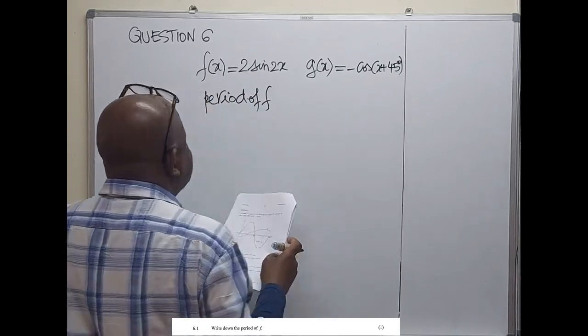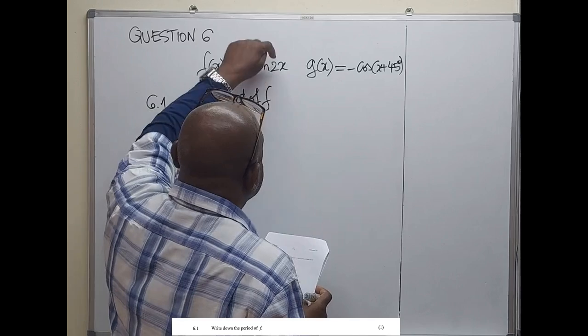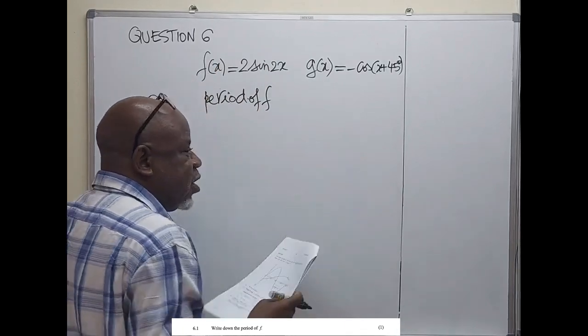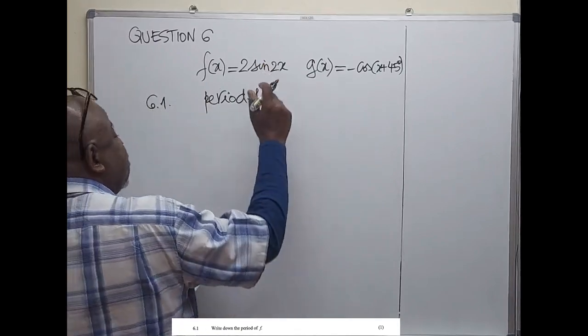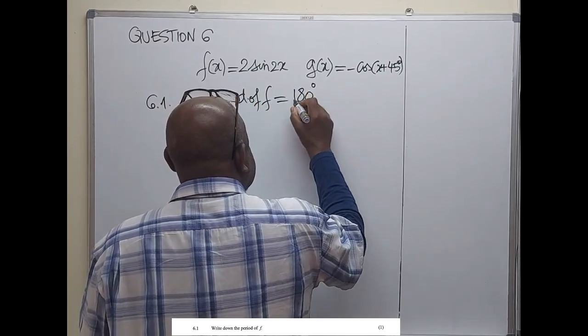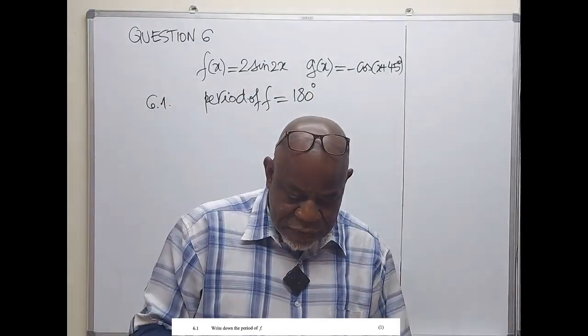We're going to consider our function f of x is 2 sine 2x. So we will take 360 degrees divided by 2, and our period will be 180 degrees. That is the first question.